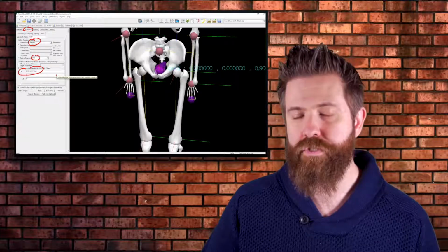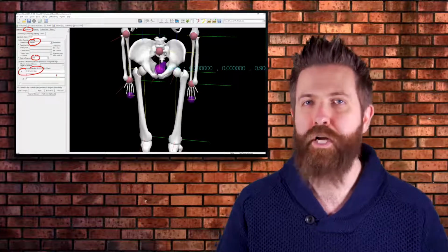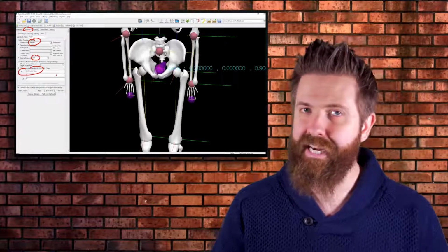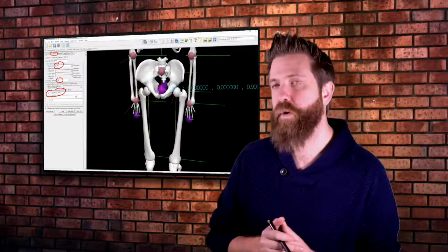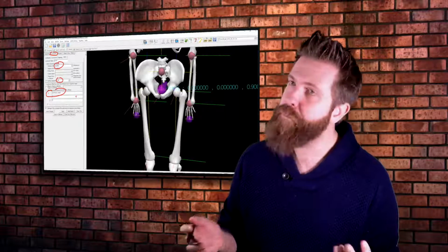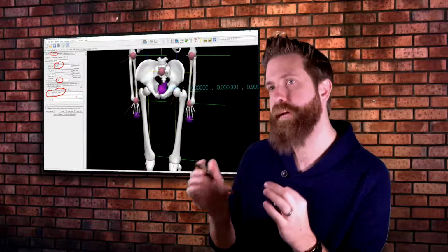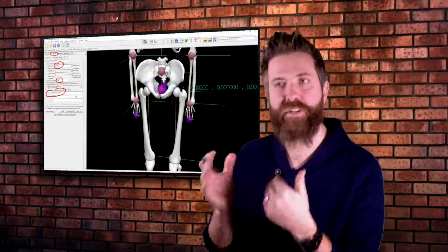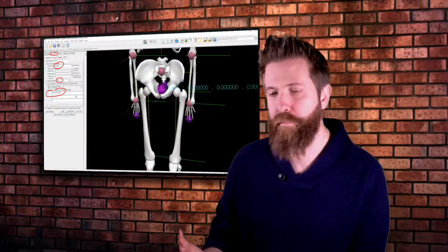Now, these values come from Bell et al.'s papers from 1989, 1990. And what we have here is an example of defining a joint center based on literature using anthropometric data, but not necessarily based on marker data.